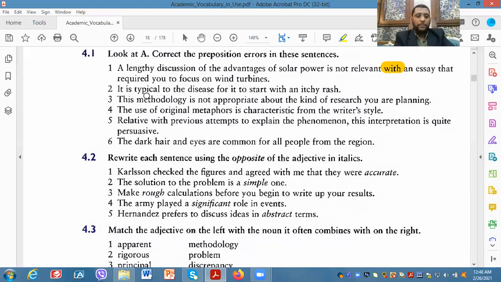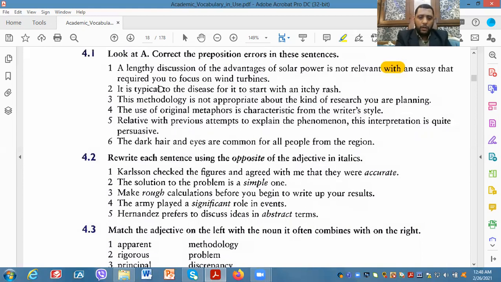Number 2, it's typical to the disease for it to start with an itchy rash.